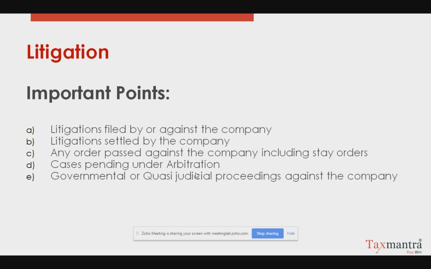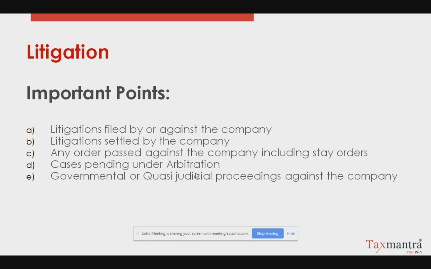If there are any cases pending under arbitration, usually between two parties where there is an agreement, the parties may wish to solve the problem through arbitration. In that case, it is important for the investors to check if there are any arbitration cases pending.